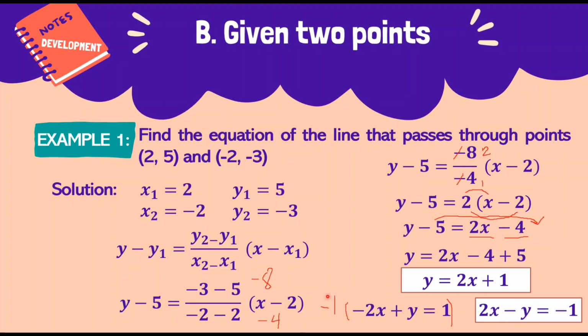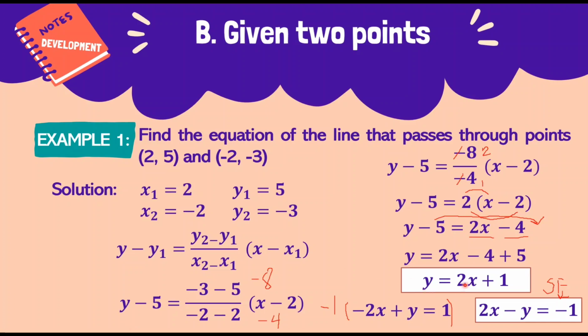And then lastly, negative 1 times positive 1, we have negative 1. So as you can see, nakarewrite na siya into standard form. Etong isa po ay slope intercept form. Ito po ang nakarewrite into standard form. Ayan. So I hope nakatulong ang ating explanation kung paano kunin ang equation of the line written in slope intercept form and standard form.